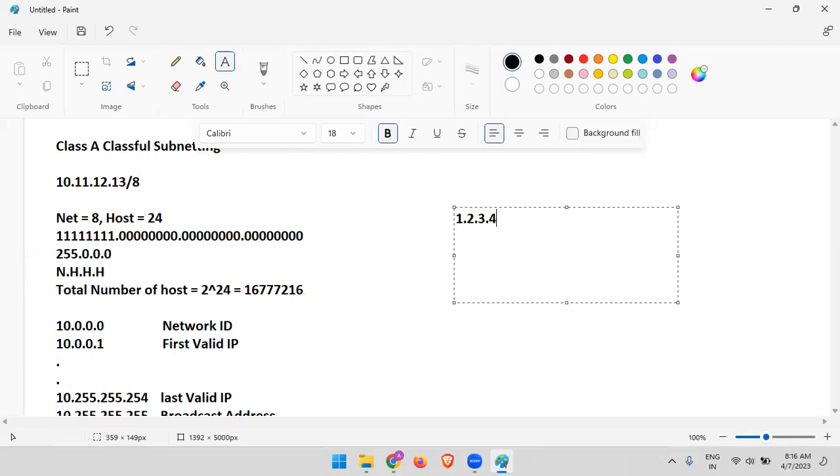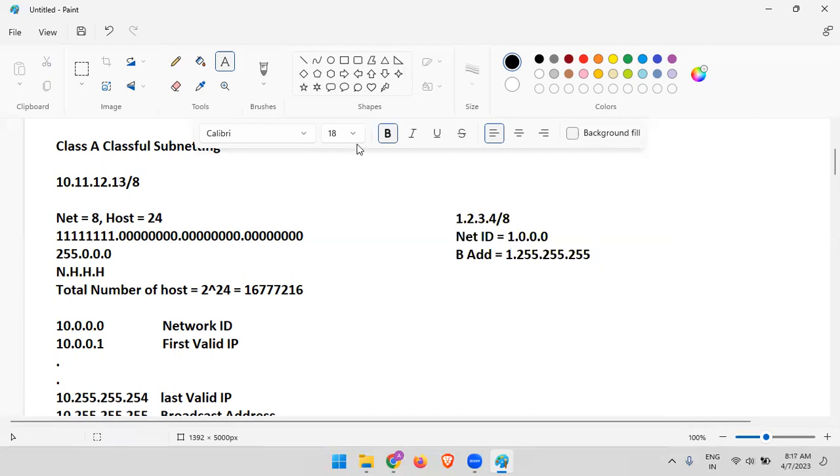1.2.3.4/8. Network ID, broadcast address. What is it? Just by looking at the IP address, we can tell. This is clear? Okay.